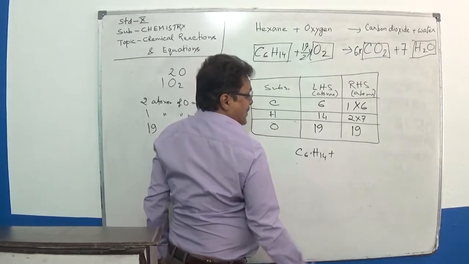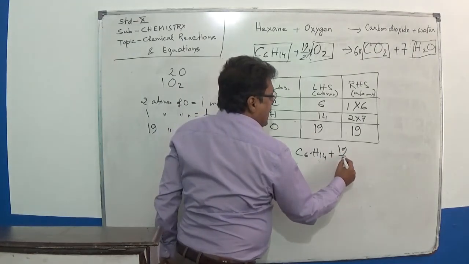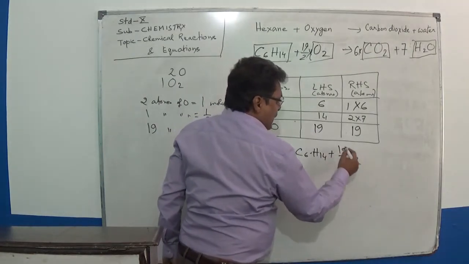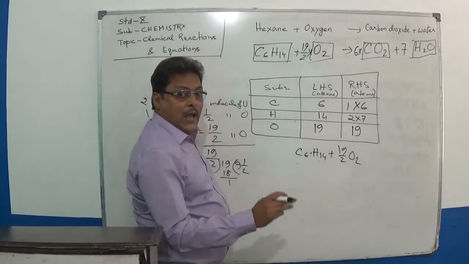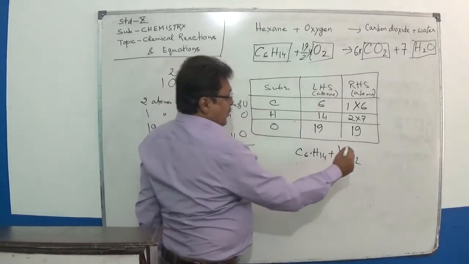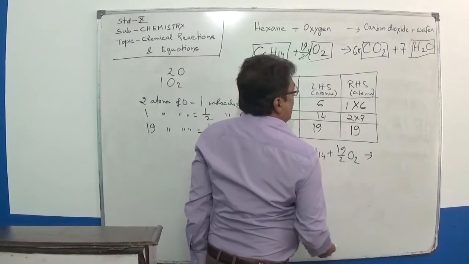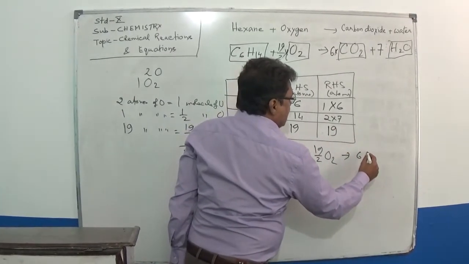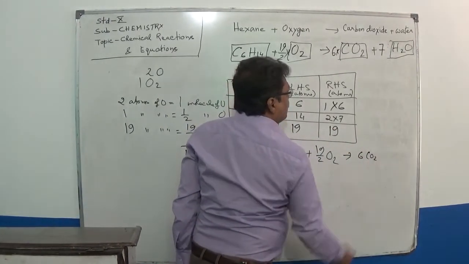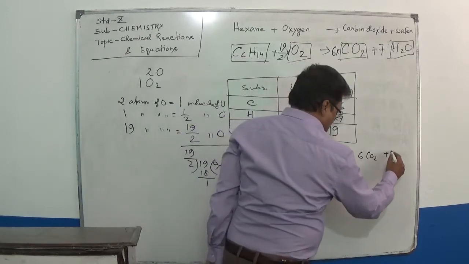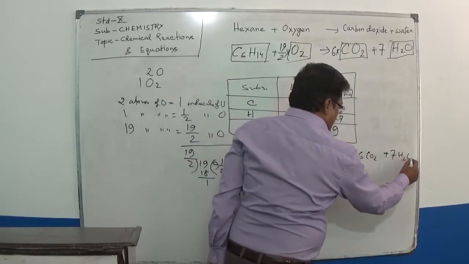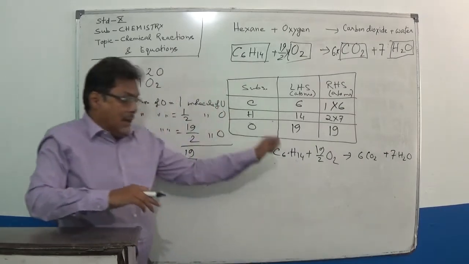C6H14 plus 19 by 2 O2, or 9 and a half O2 molecules, becomes 6 CO2 plus 7 H2O. Only then it will be balanced.